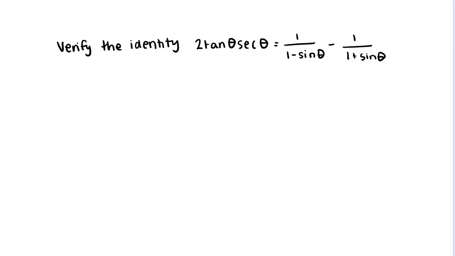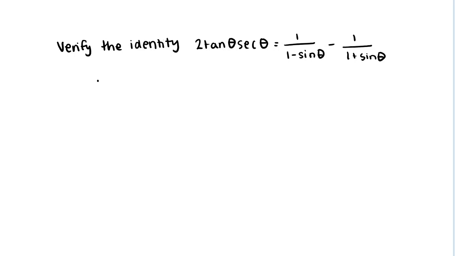And so let's go ahead and do an example. So here I want to verify this identity, and again, we're just trying to show that these two expressions are equivalent, that I can simplify one into the other. And usually it's easier to start with a more complicated expression and simplify it or manipulate it into a simpler one. It's harder to do the reverse.